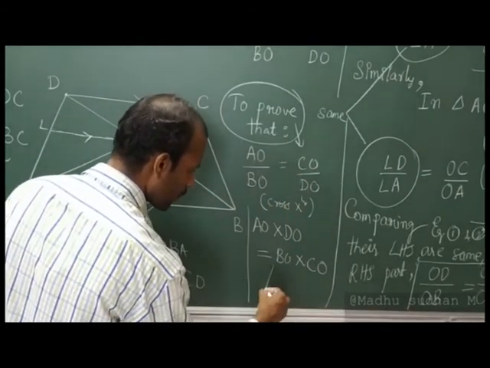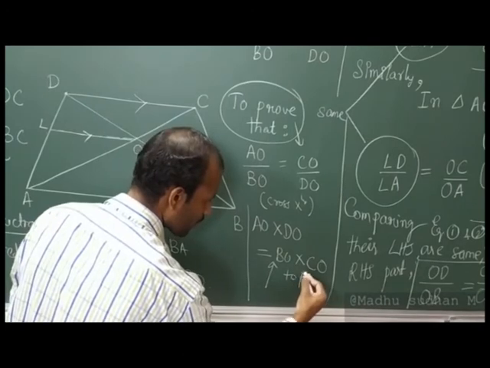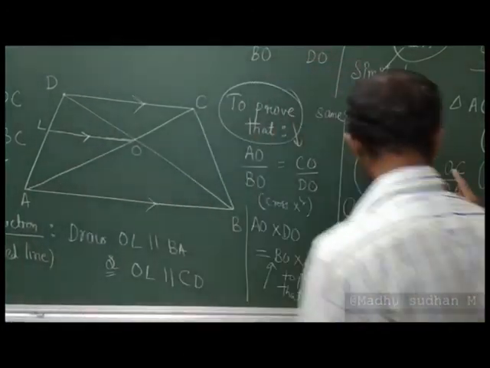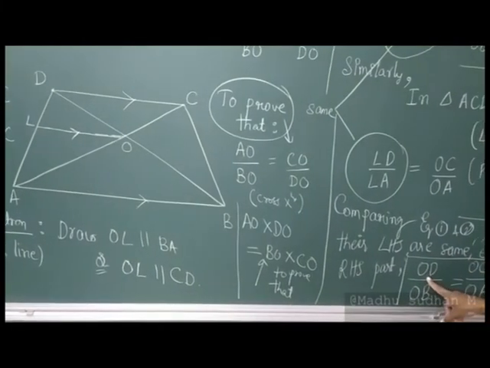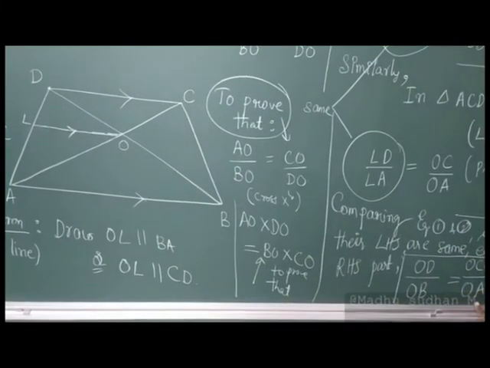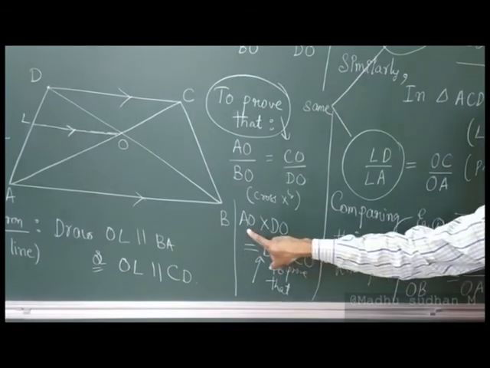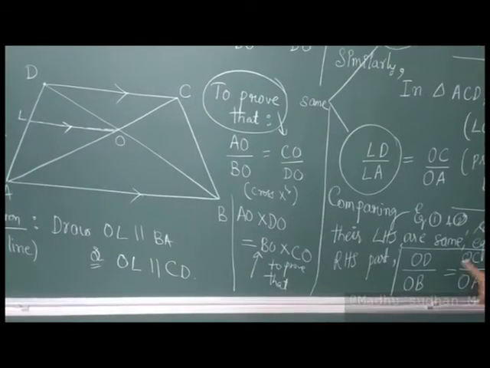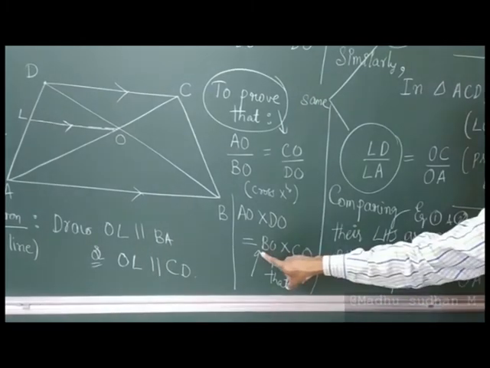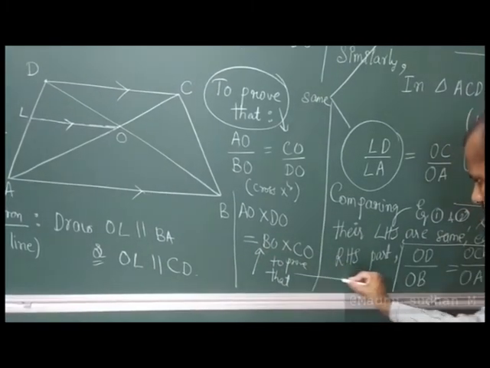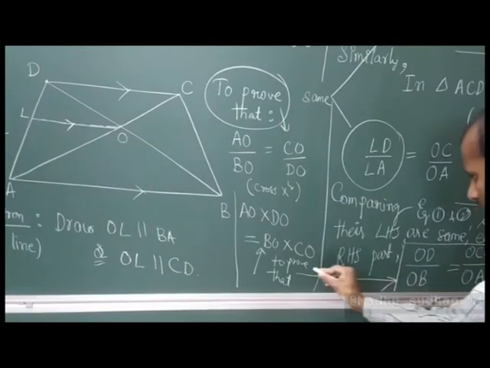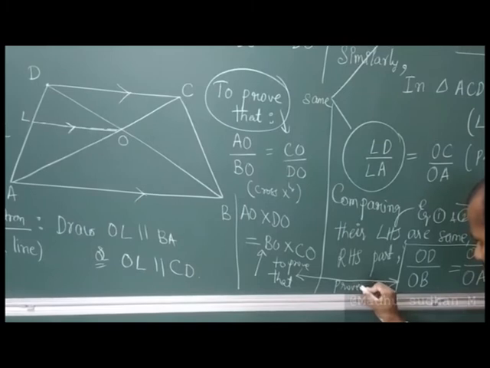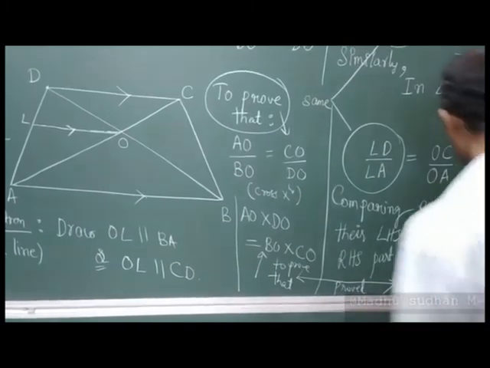So I need to prove this. Now if I cross multiply this, I get OD multiplied with OA, which is equal to OB multiplied with OC. Do I get that? If I compare these two, we have proved it. Followed it?